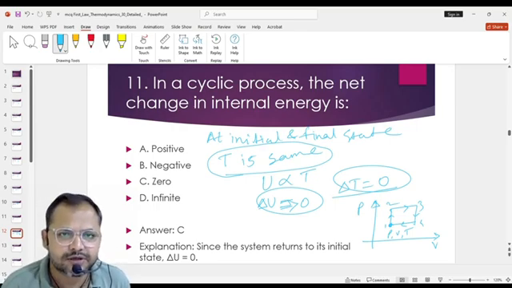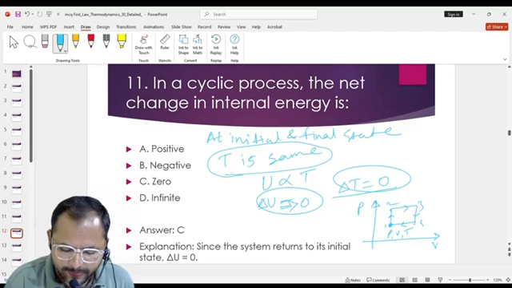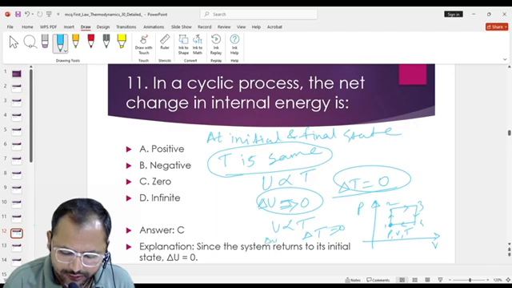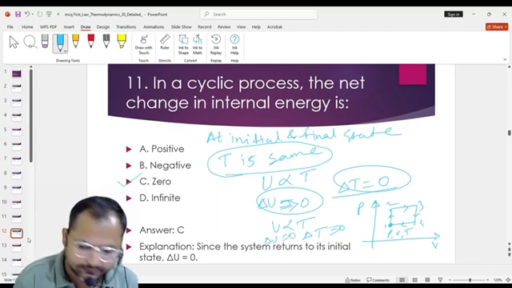If the temperature is the same, the change in temperature is 0, so the change in internal energy is also 0, because internal energy is directly proportional to temperature. So option C is the correct answer.